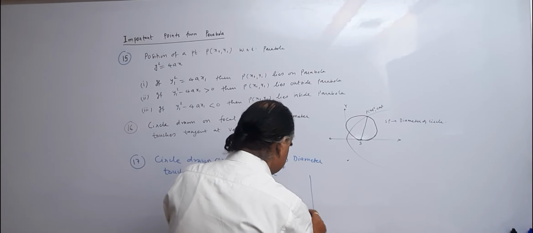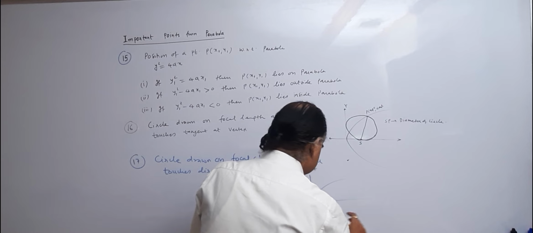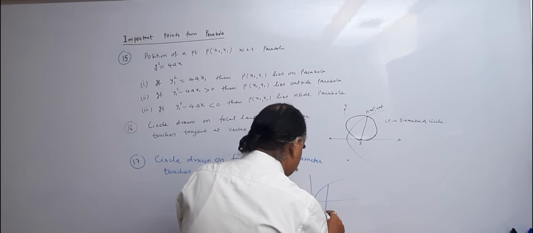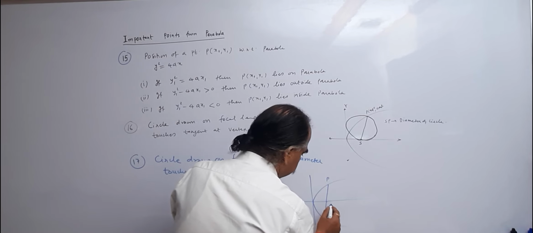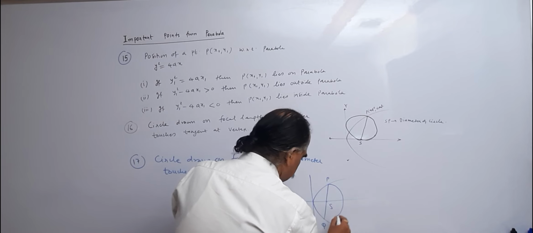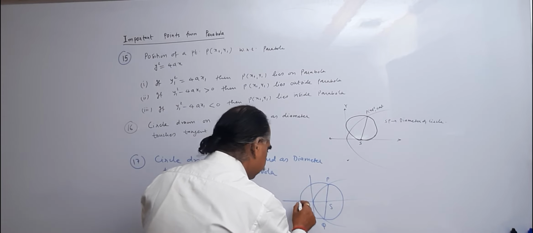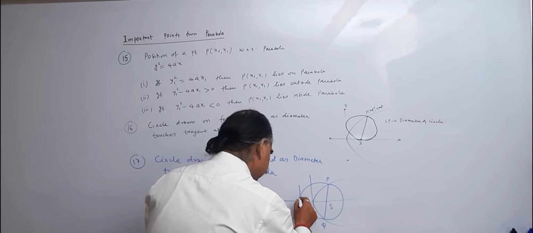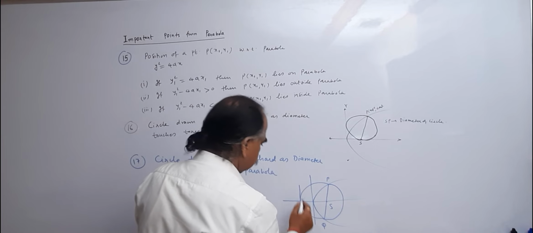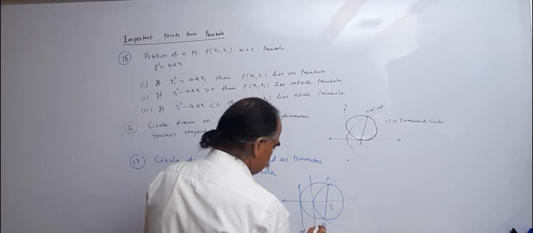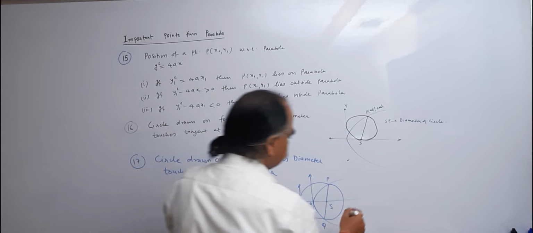Say this is the parabola, this is the focal chord, this is the focus. Draw a circle with it as diameter. This circle touches the directrix D. PQ is what? Diameter.